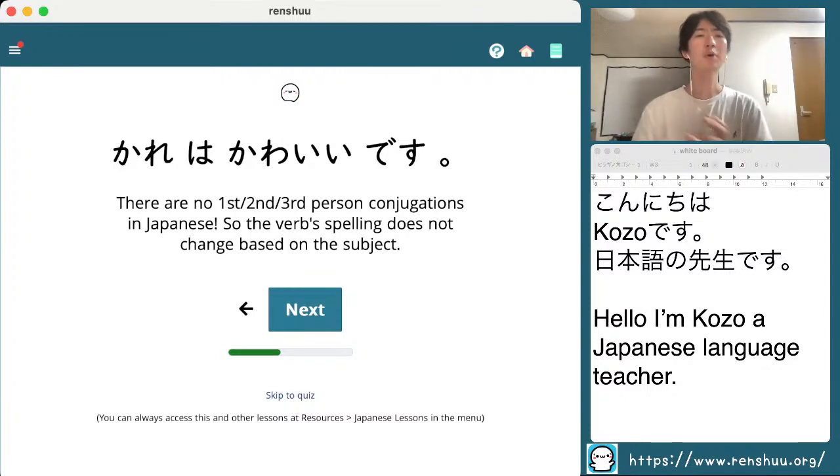The particle changes depending on the sentence. Like I is 私は, usually. My is 私の, me is 私に. Just the particle changes, but there are no conjugations.